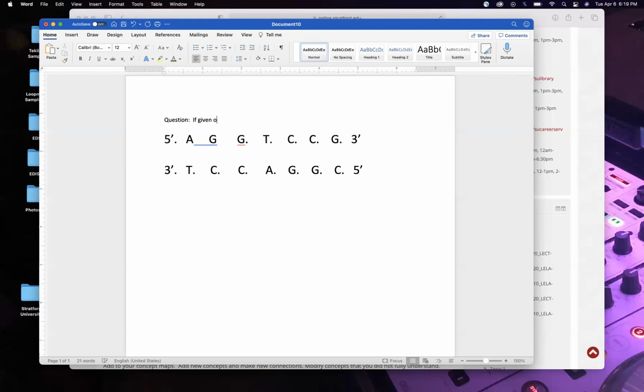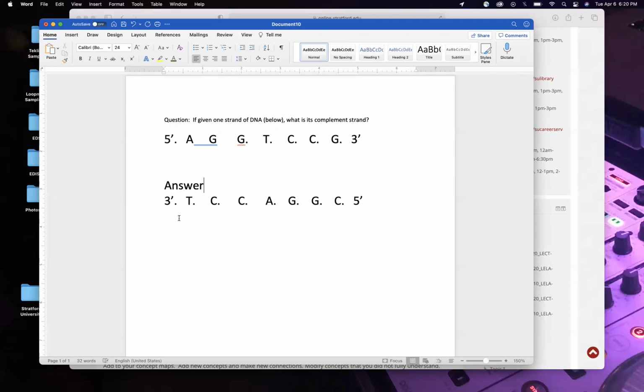If given one strand of DNA below, what is its complement strand? That's a classic question. And of course, this would be your answer. And the way to get this is, of course, these two strands are going in opposite directions.